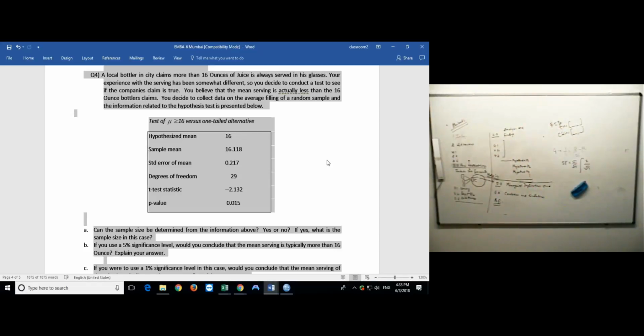If I change the level of significance to 1%, earlier it was 5%, now it is 1%. When I do 1% level of significance, then what will happen? Is my p less than? At 1% level of significance, I'm comparing this p-value with 0.01.